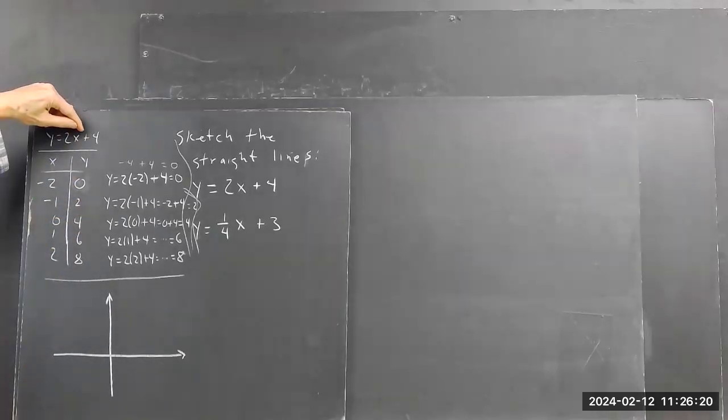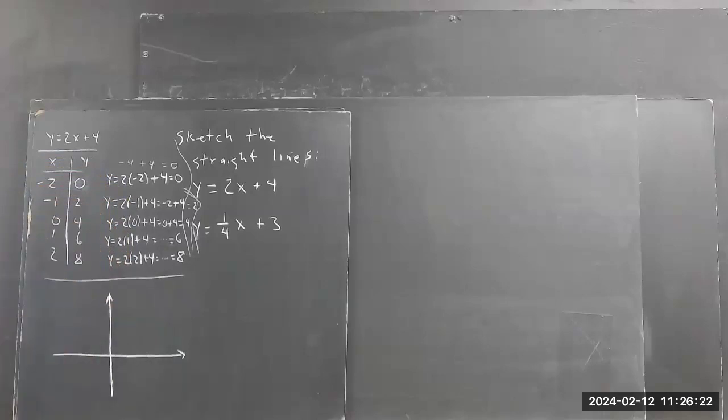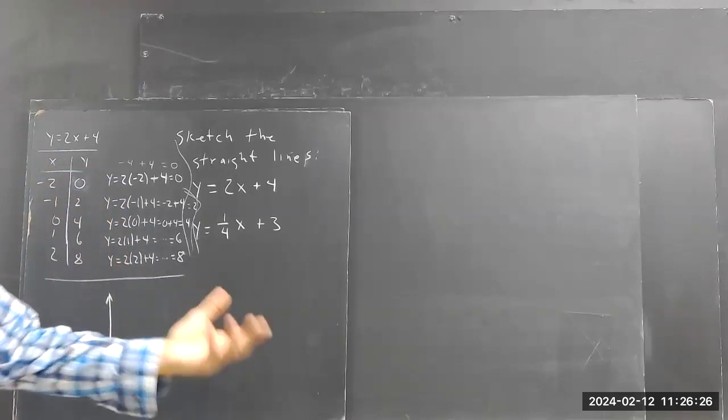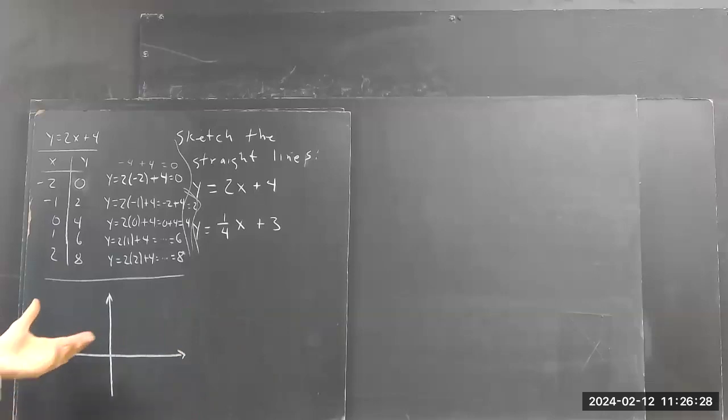But since I have 2x plus 4 here, we'll do 2x plus 4. It could be that somebody had the arithmetic right from the beginning, but somebody clearly was somewhat lost on doing that arithmetic. At least compare that.